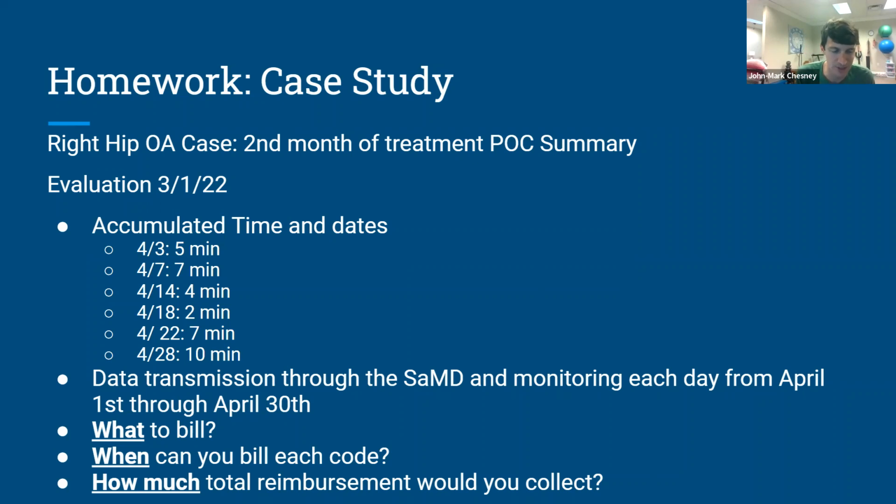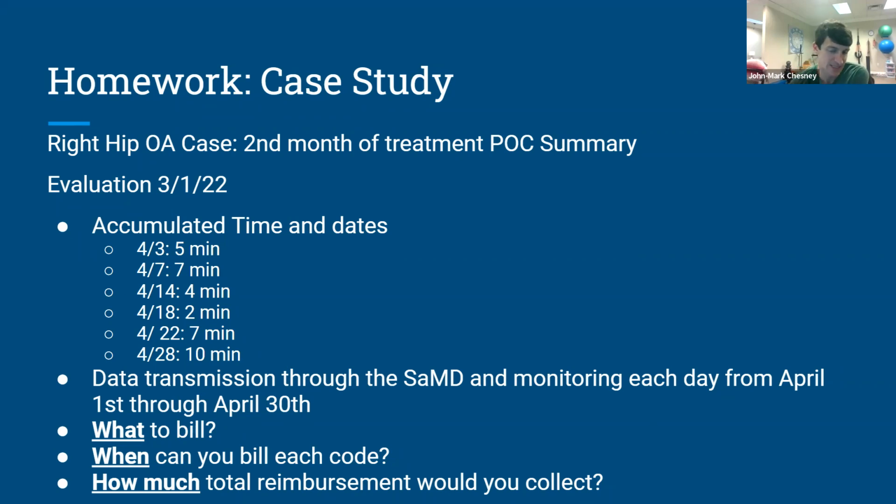Again, just for simplicity, we'll assume that there was an interactive communication that happened at some point. Probably 3/4 of these dates were actually scheduled visits, where we were talking to him in the clinic. The data transmission through the software and monitoring was each day from April 1st through April 30th.